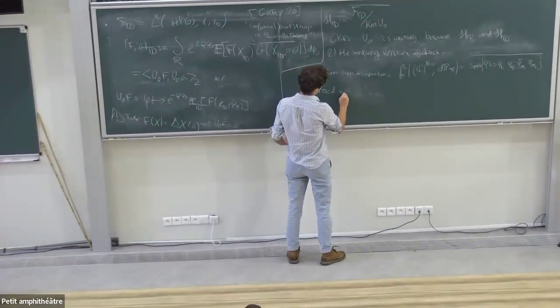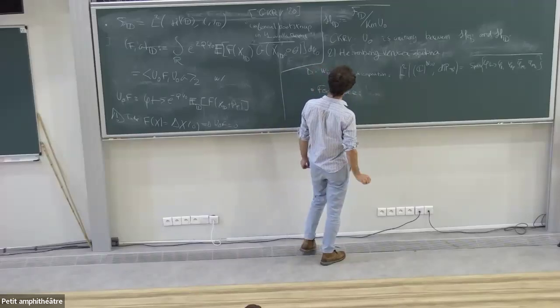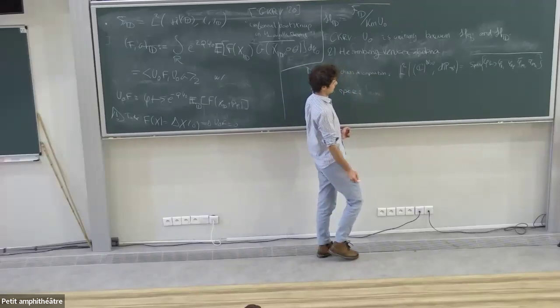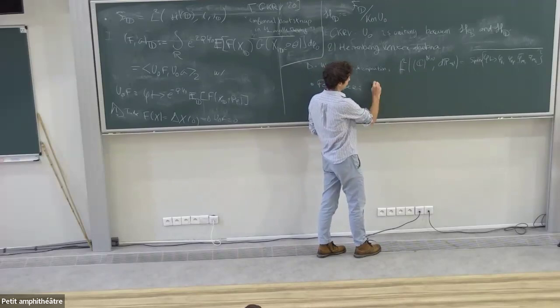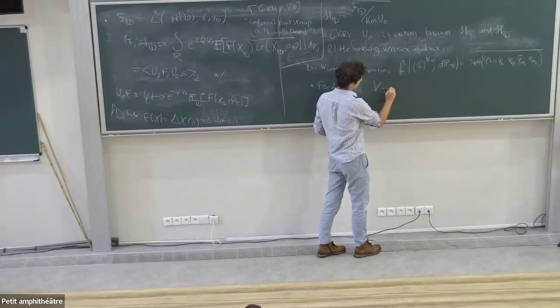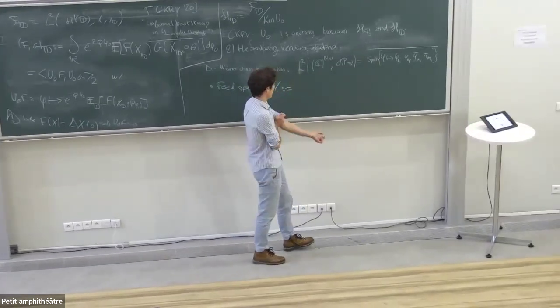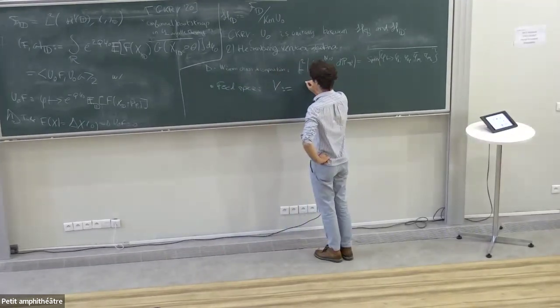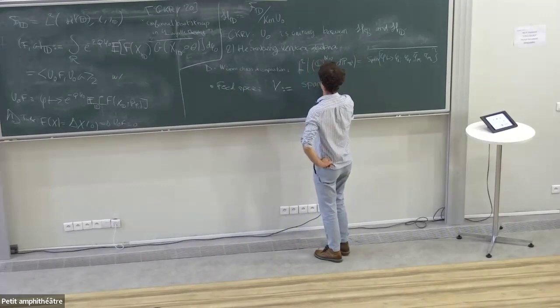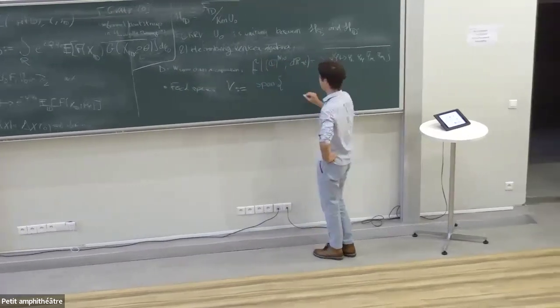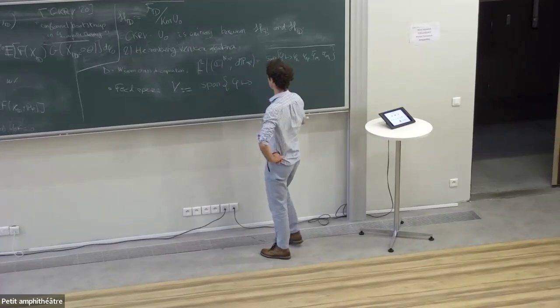Actually, why is it related to something that you know? It's because this is a real reminiscence of a Fock space. Actually, I can define a Fock space in this picture. So let me define V, which is embedded in this space, by saying that I look at the algebraic span of maps of the same form.